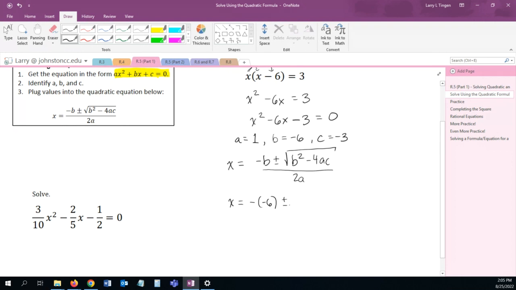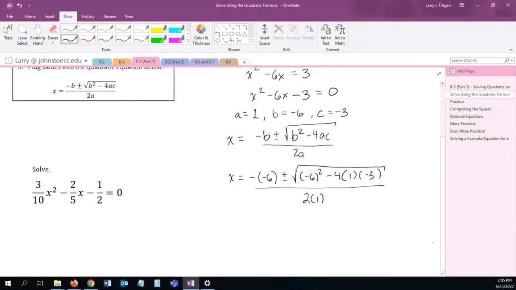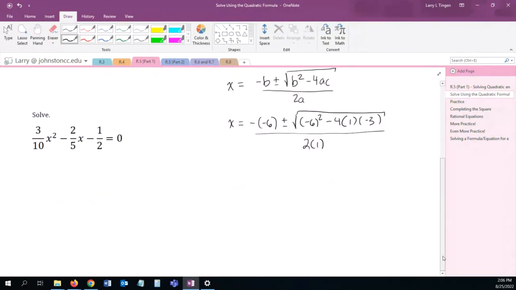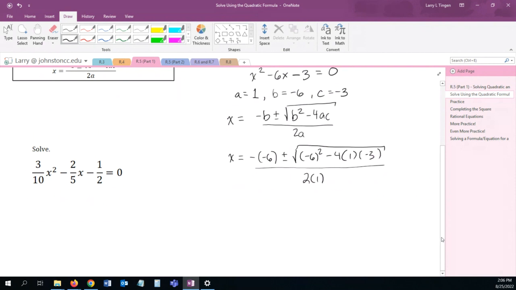So that's the opposite of -6, plus or minus the square root of -6 squared minus 4 times 1 times -3, all divided by 2 times 1. Everybody okay with that process? No mistakes found? Everybody looks like I'm doing my math right? All right, let's keep going.